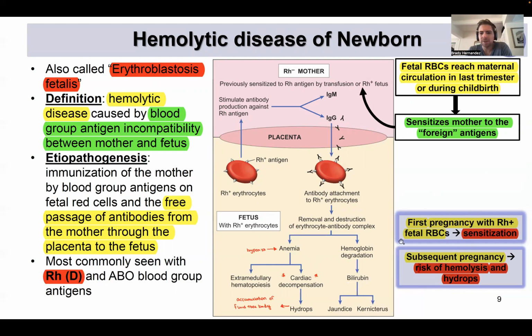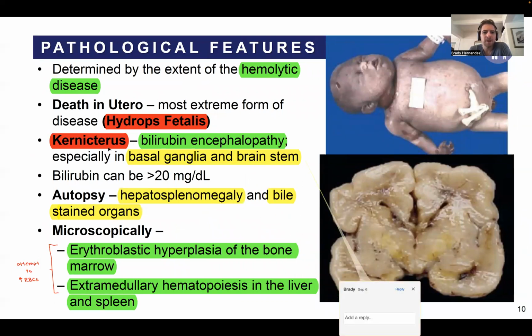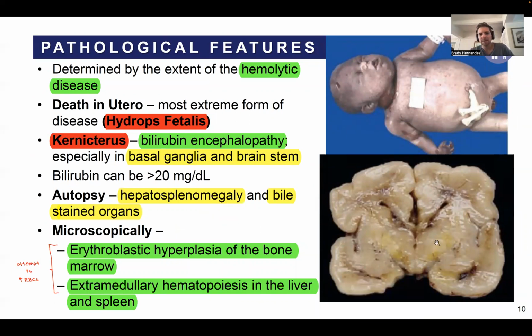All right, so you would expect prehepatic jaundice due to destruction of the red blood cells, leading to hydrops fetalis, death in utero, and then kernicterus, this bilirubin encephalopathy, this unconjugated bilirubin that gets deposited in the basal ganglia. You can see that over here, these little yellow spots.